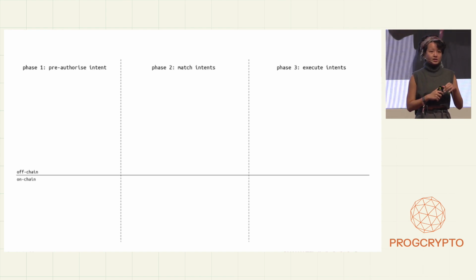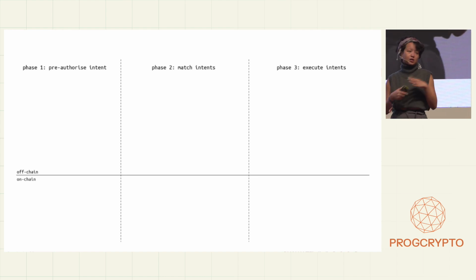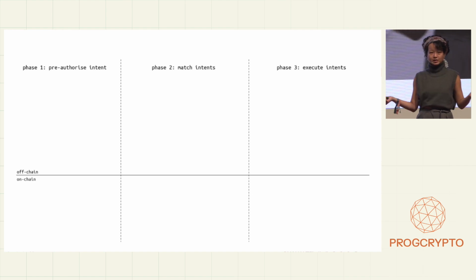And phase 3 is when these intents are executed, and this is done globally. So by the time we reach phase 3, we shouldn't be working on private information anymore, and we should be able to broadcast messages to the whole network and update the network state.